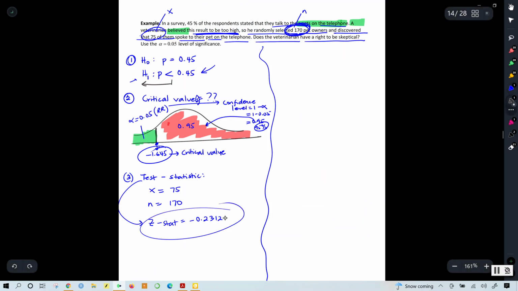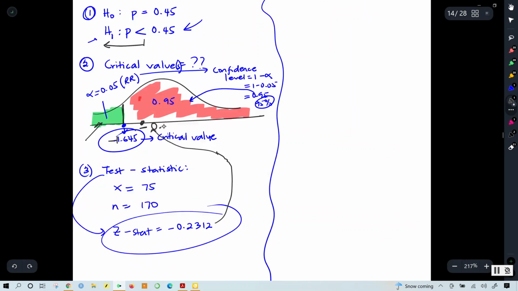I need to now trace this back to my graph. Where does it fall? Does it fall in the rejection region, which is to the left of negative 1.645, or to the right? Well, negative 0.2312 should come before negative 1.645, going from right to left.